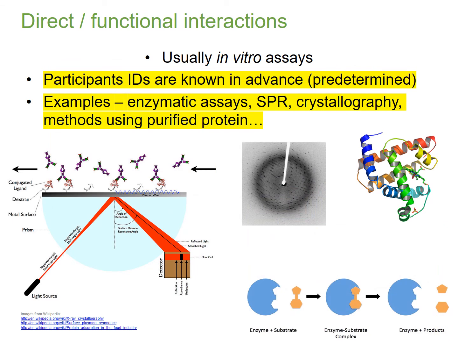Okay. This is direct functional interactions, usually in the test tube. You usually have good, strong evidence that the proteins are identified and they're known, so we kind of predetermine. Okay. So if you have an enzyme, there's usually a substrate, and this is a way that you can, like I said, purify and crystallize a protein, find its structure, a lot of alpha helices there.